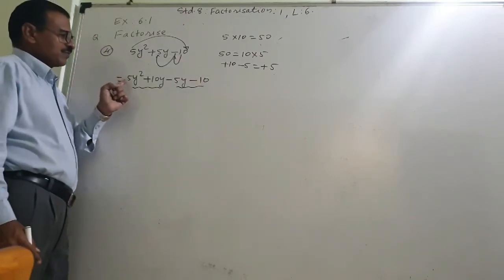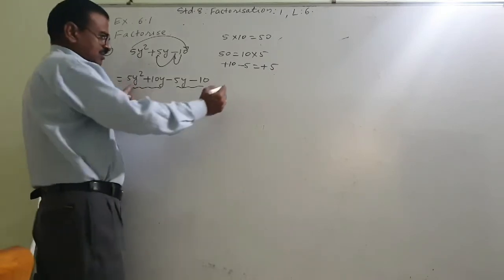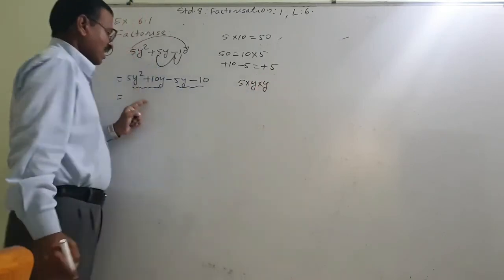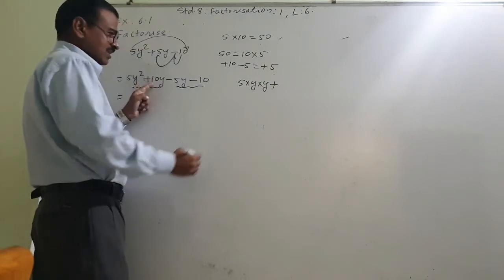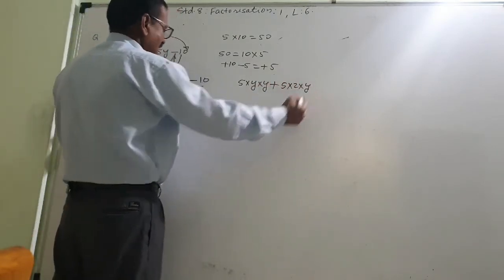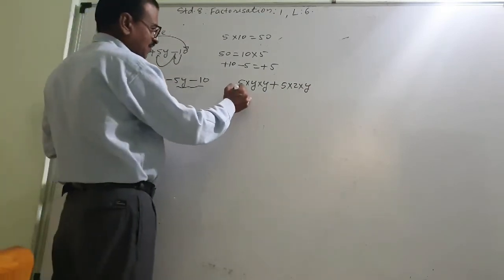This is 5 into y into y. This term is 5 into y into y. And this term is plus, this term is 5 into 2 into y. This term. See what is common. This 5 is common.